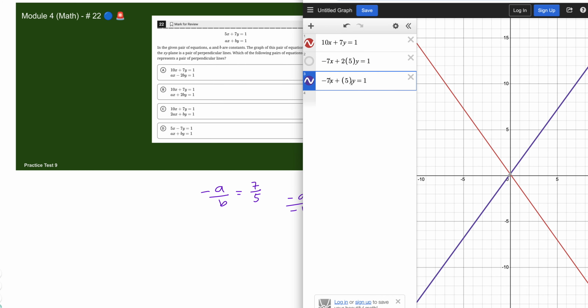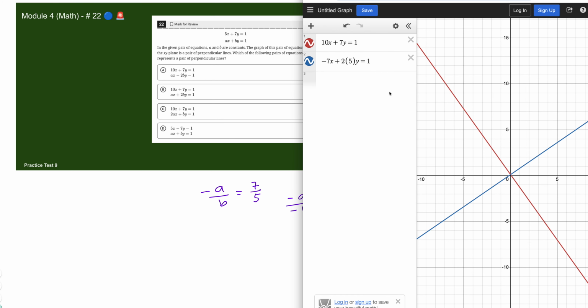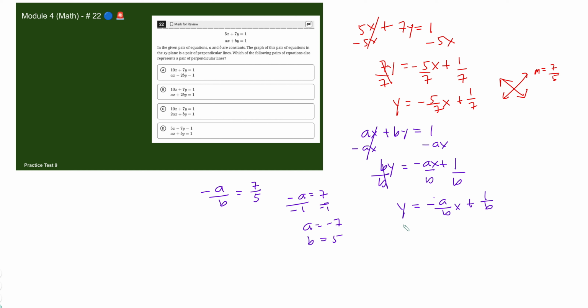Looks like the answer is B. This guy right here. I mean, we already did it on Desmos, but let's test it out mathematically. I'm thinking this is the answer. I can go 10x plus 7y equals 1.